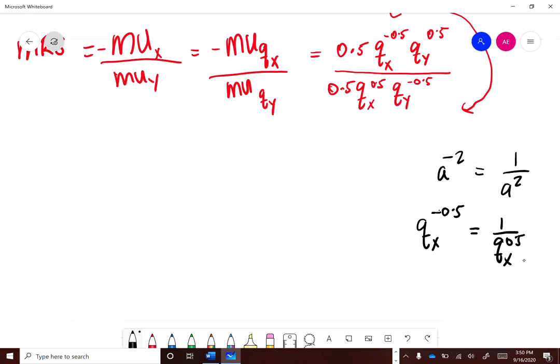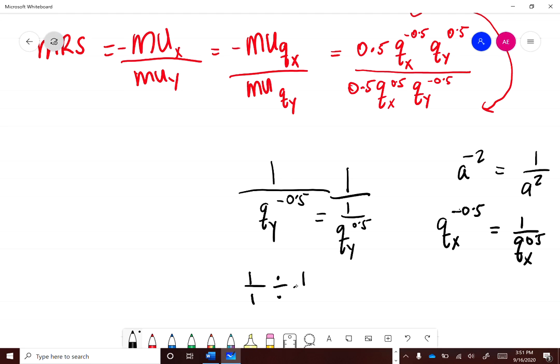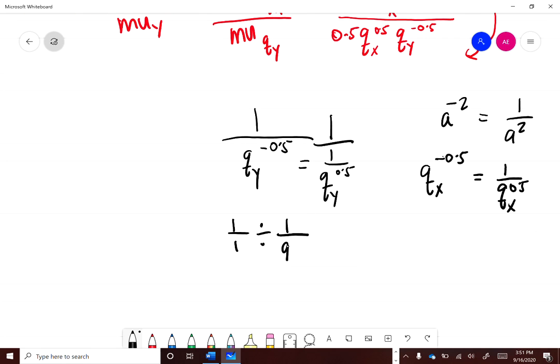Also, we have q of y there in the denominator, right? Q of y to the power of negative 0.5 is equal to 1 over q of y to the power of 0.5, except it is in the denominator. So it's like we have 1 over q of y to the power of negative 0.5. We know that this is just 1 divided by 1 over q of y to the power of 0.5.